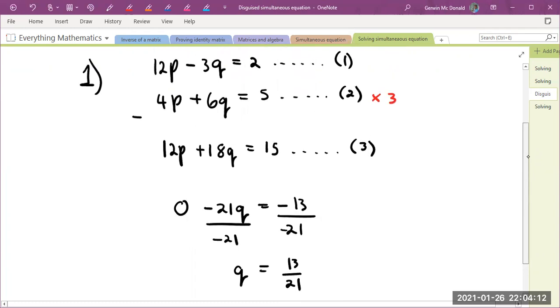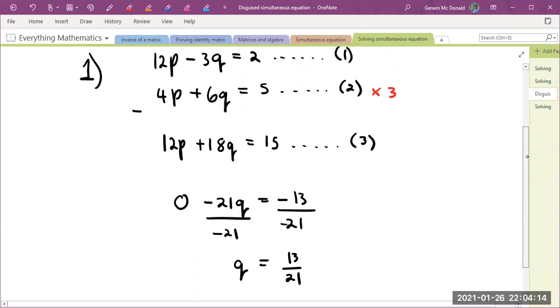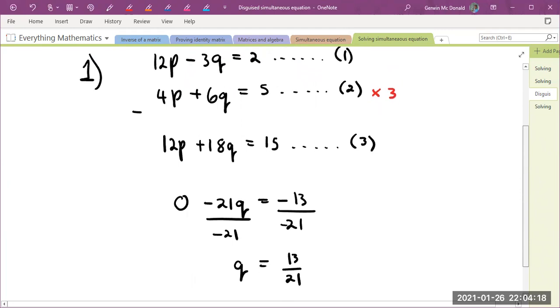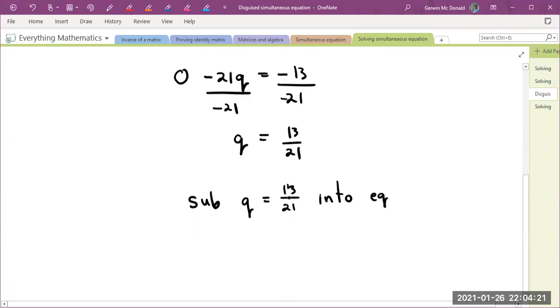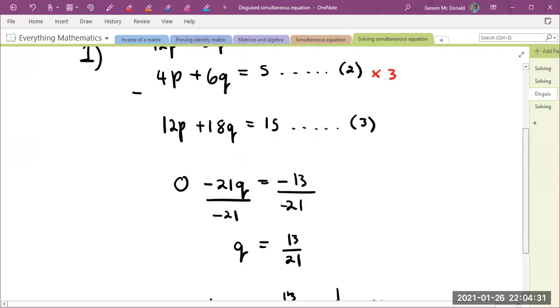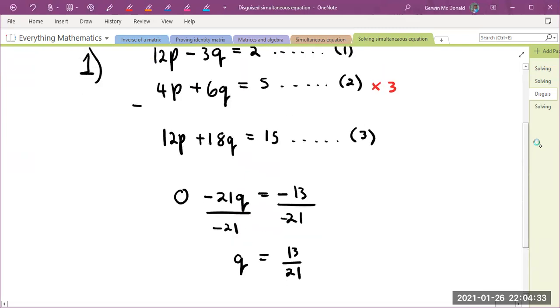I'll find none of them working out so nice for that now. So let's try equation one. So equation one there was 12p minus 3q equal to 1. Hold on. No, not 1, 2.